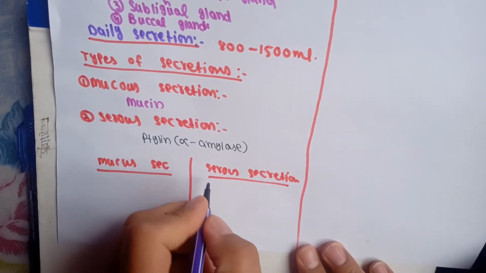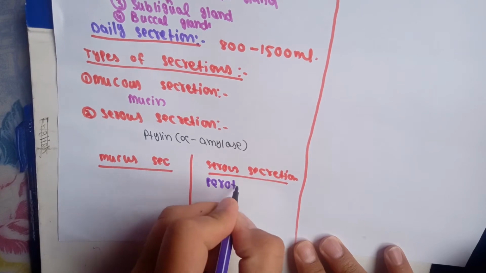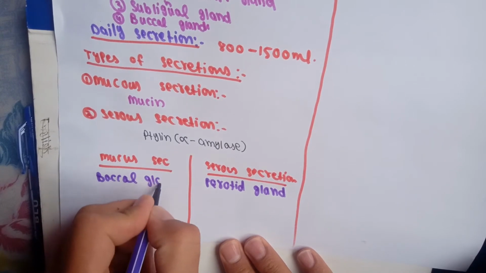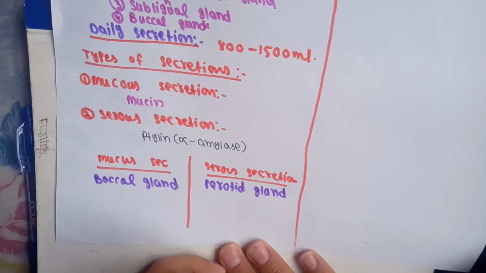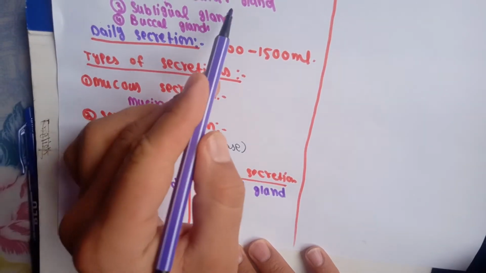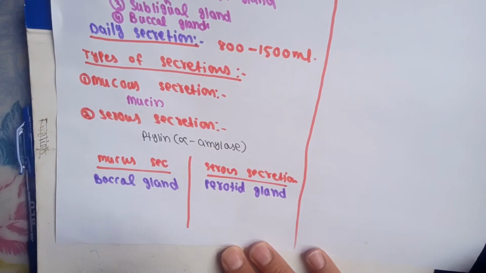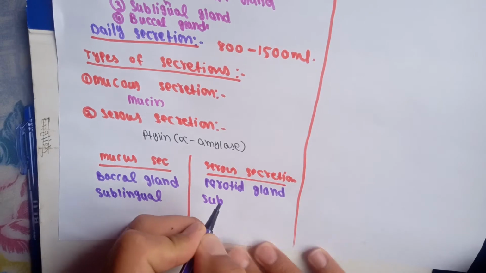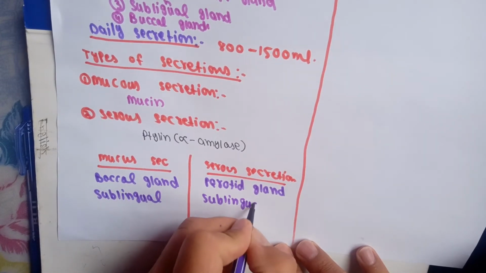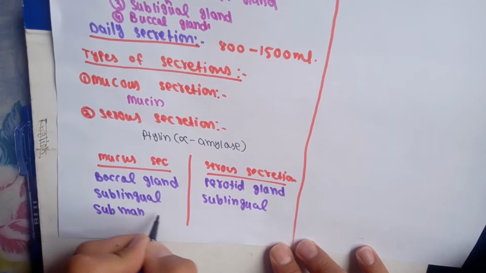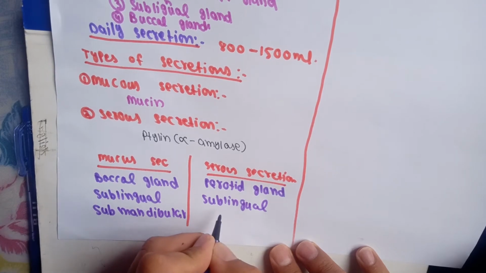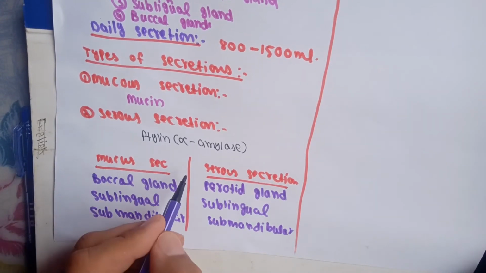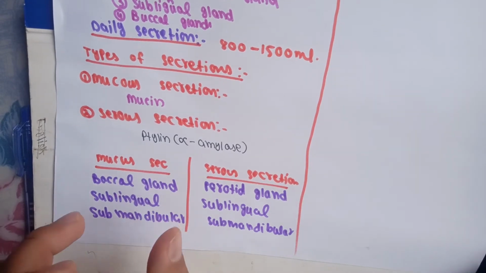So serous secretion is done by the parotid gland, and the buccal gland only has the ability to secrete mucus.